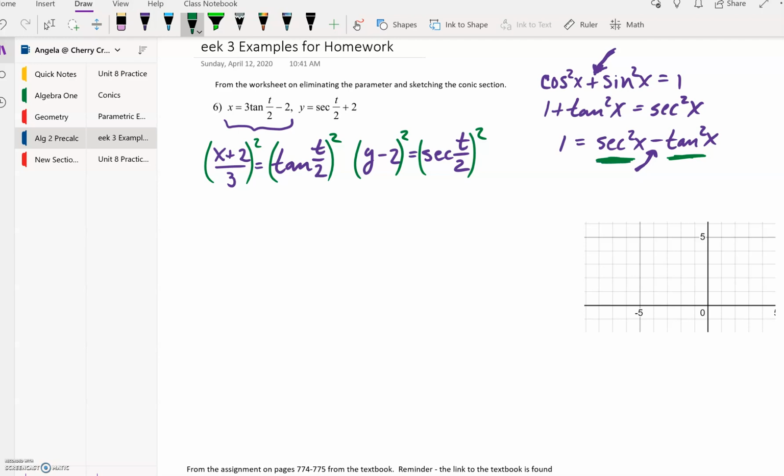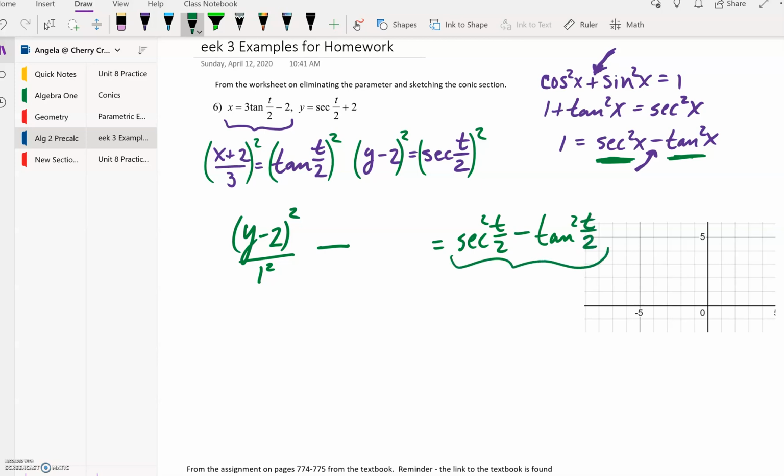Let's start with what secant is. We know secant is equal to y minus 2, so we put that first: y minus 2 squared over 1 squared, which is equal to secant squared of t over 2. Then we subtract from that our value of tangent squared. You can see this piece is starting to look a lot like our identity.